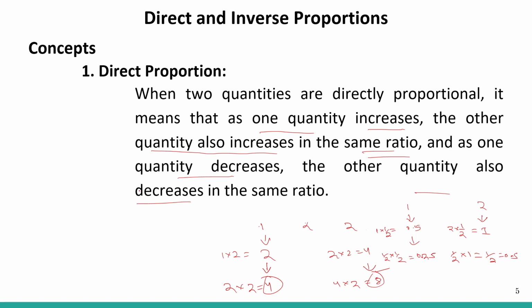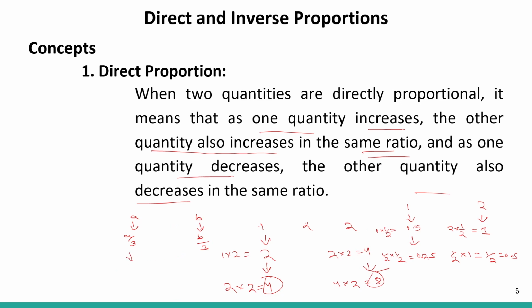Let's take another example. Let's say you have A and B. We are taking some abstract constant quantities. Let's say A became A by 3. So what will become of B? B will become B by 3. A became A by 3, so B will become B by 3.